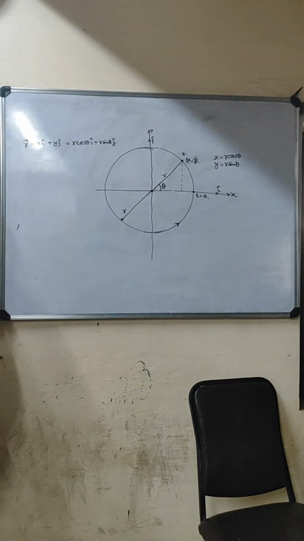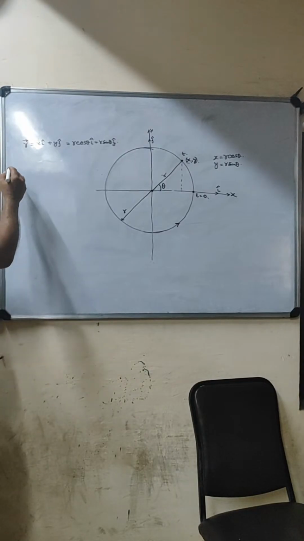Agreed? Now, we start from here. This is our starting point. You have defined the position vector at the t-th instant, and we know that rate of change of position vector is velocity, and then rate of change of velocity is acceleration. We will use this concept here.